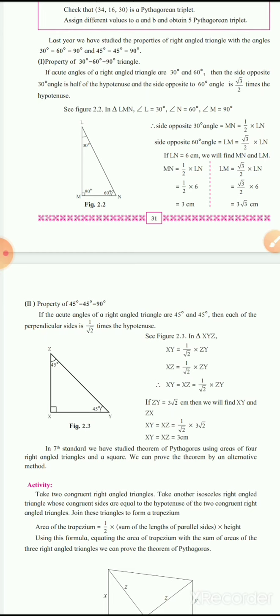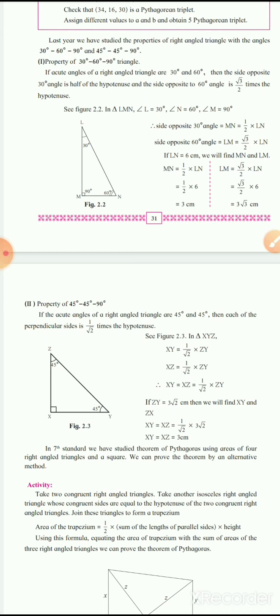Here if ZY, the hypotenuse, is equal to 3 root 2 centimeter, then we will find XY and ZX. XY is equal to XZ, each of the perpendicular sides is equal to 1 upon root 2 into 3 root 2.